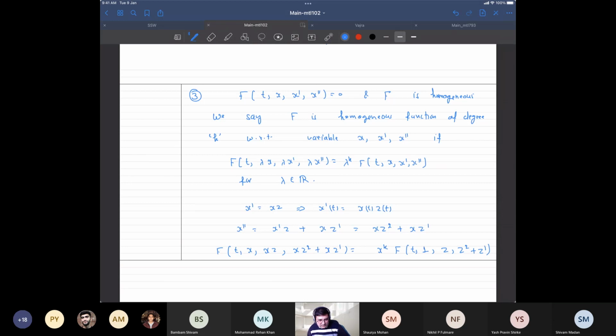So 1 is anyway, it doesn't matter what this 1 is. With this you get the new equation, let's call it f tilde, of t, z, z squared plus z prime is equal to 0.